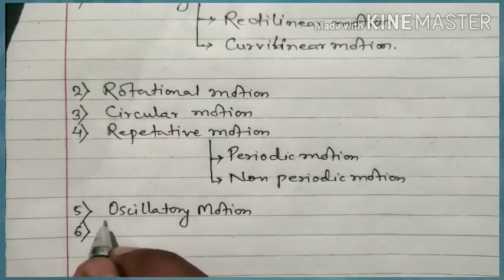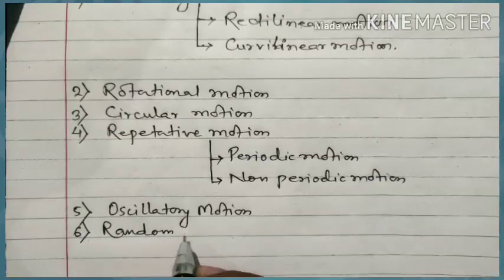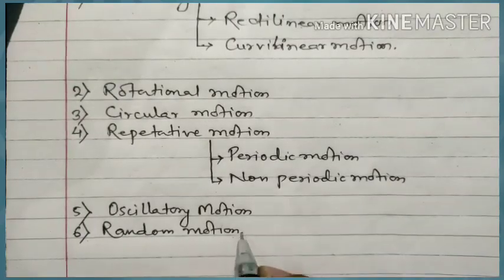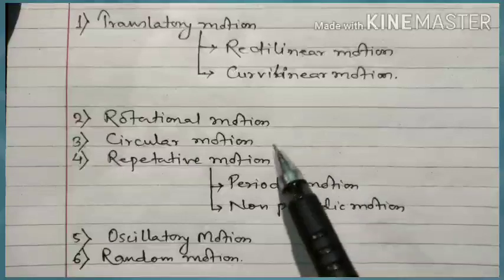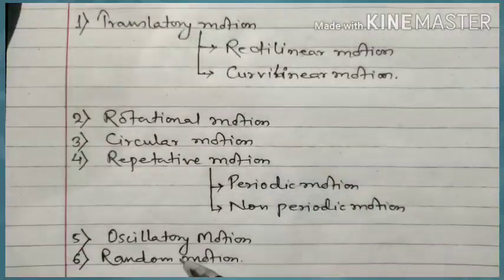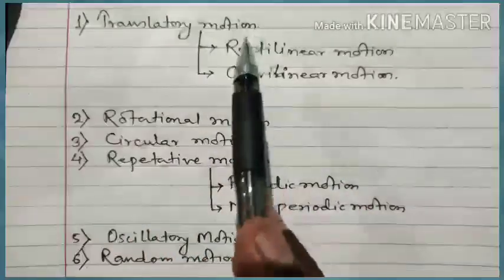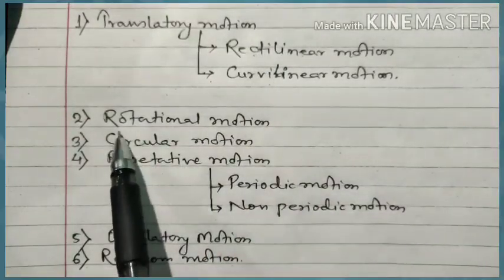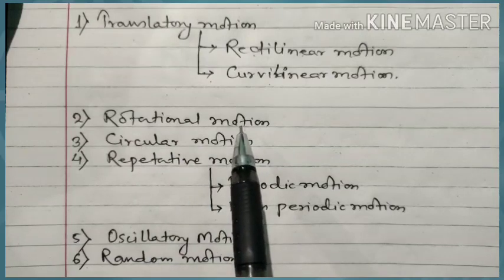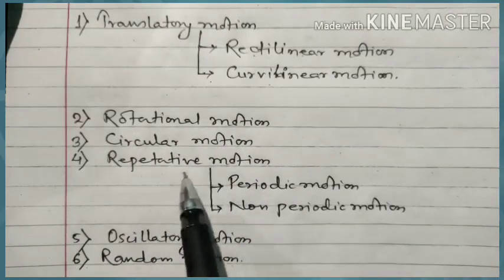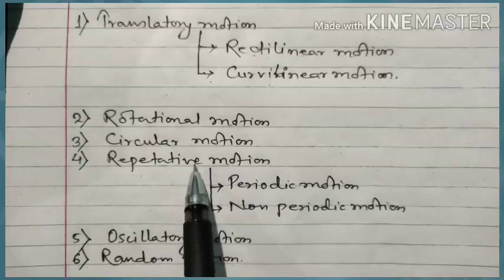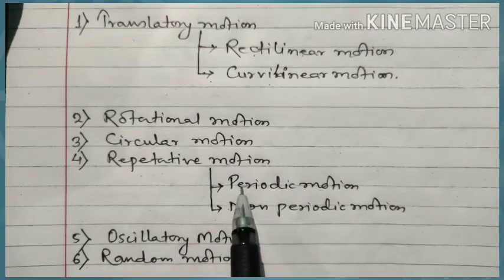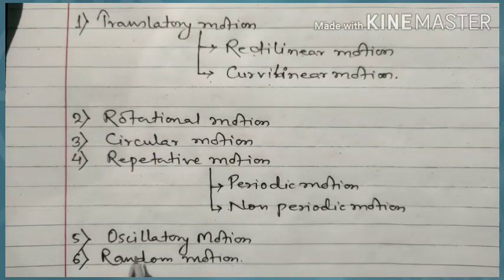The sixth type of motion is random motion. These are mainly the 6 types of motion. Translatory motion has 2 parts, rectilinear and curvilinear. Second, rotational motion. Third, circular motion. Fourth, repetitive motion, with periodic and non-periodic motion. The fifth is oscillatory motion and the sixth is random motion.